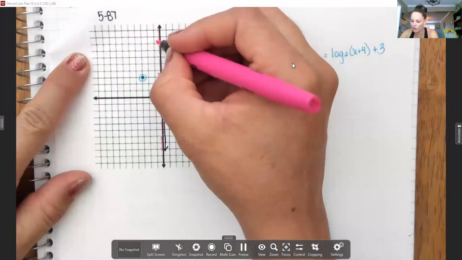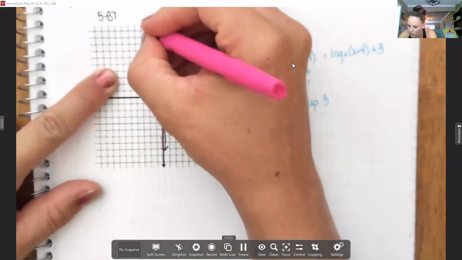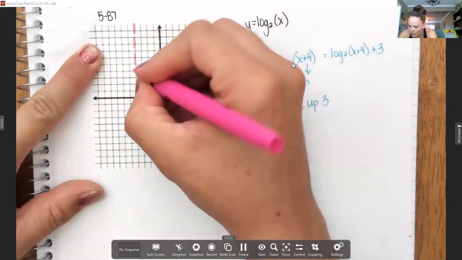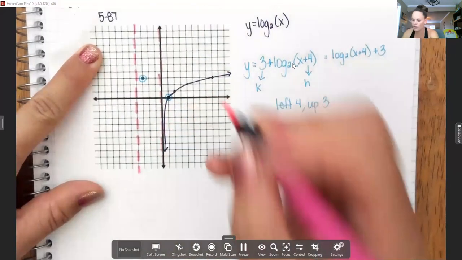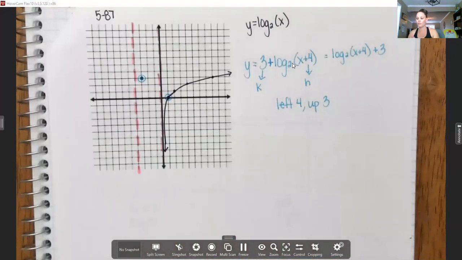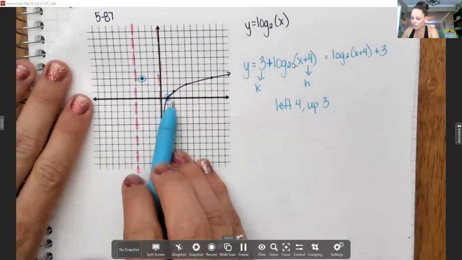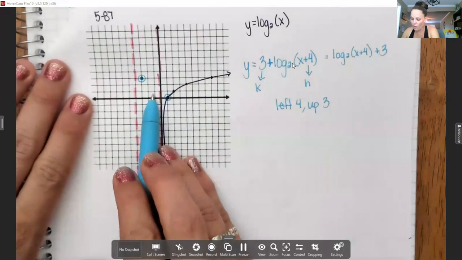So if this asymptote is there, 1, 2, 3, 4, this is my new asymptote here at x equals -4. So every single one of these points just moves left 4 and up 3.